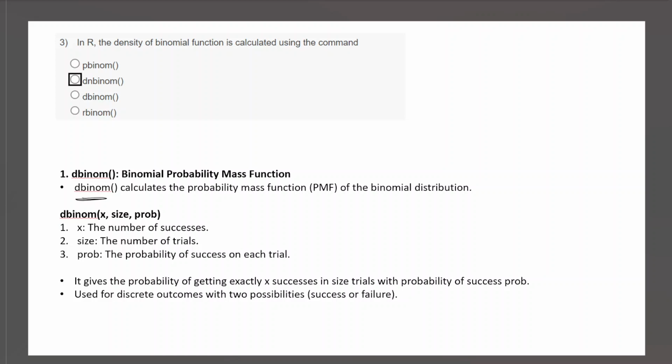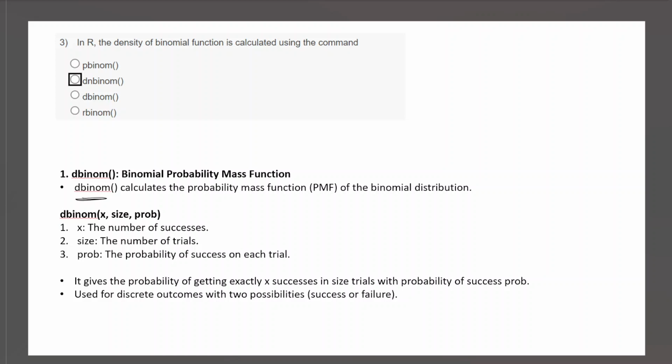And the syntax for that is dbinom of x, comma size, comma probability. Then in this x we have to specify the number of successes in the number of trials, given the probability of success in each trial.